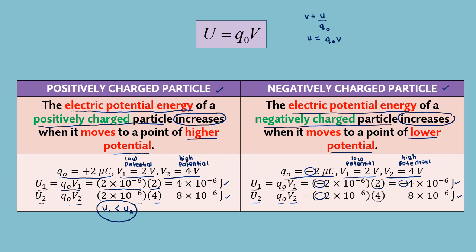If you see these two values of U1 and U2, you can see that the value of U1 is more than U2, which is U at low potential is more than U at the high potential. So from here we can conclude that the electric potential energy of a negatively charged particle decreases from low potential to high potential.